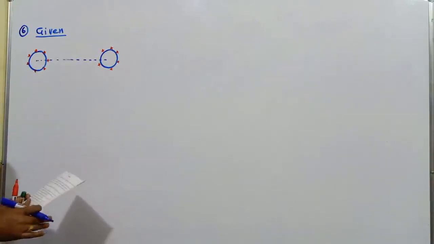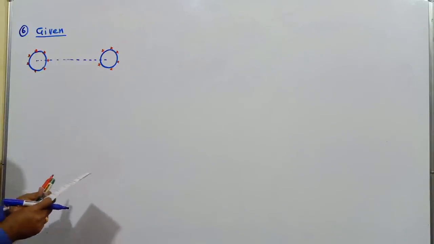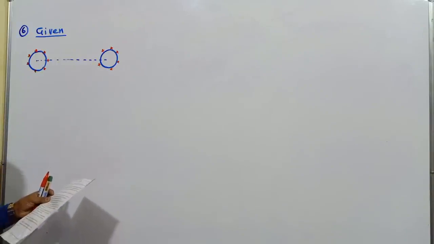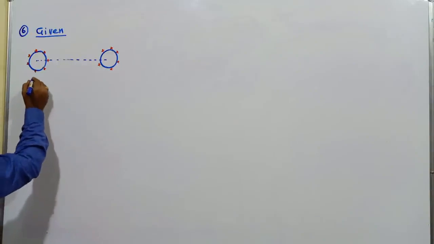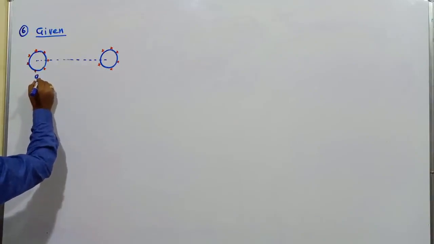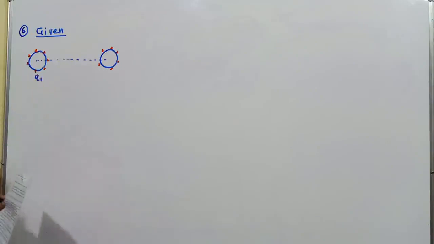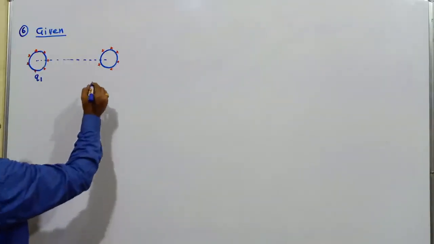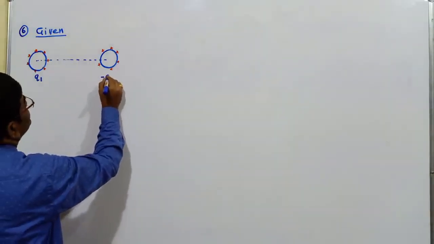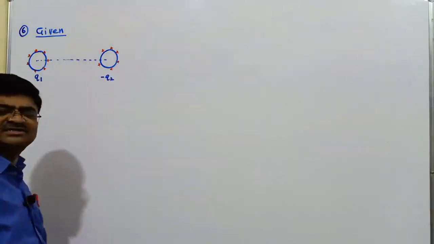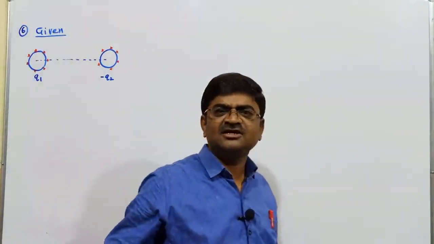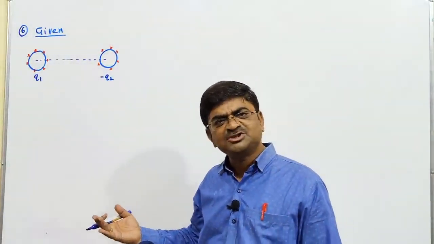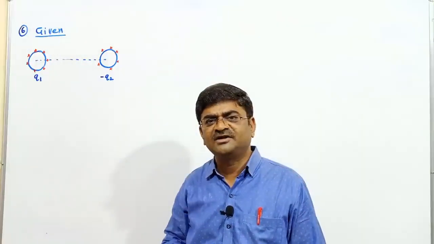Say I have one charge as Q1, another charge as minus Q2. As they attract, I have written the minus sign.